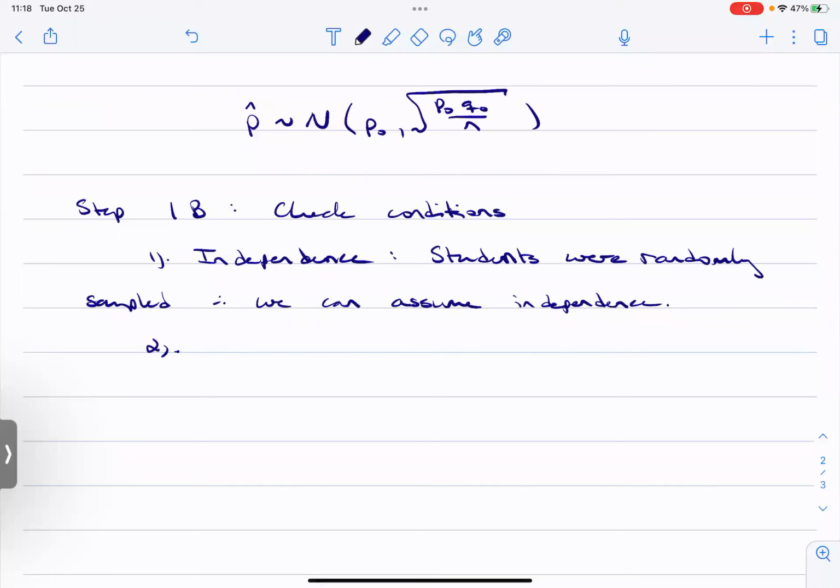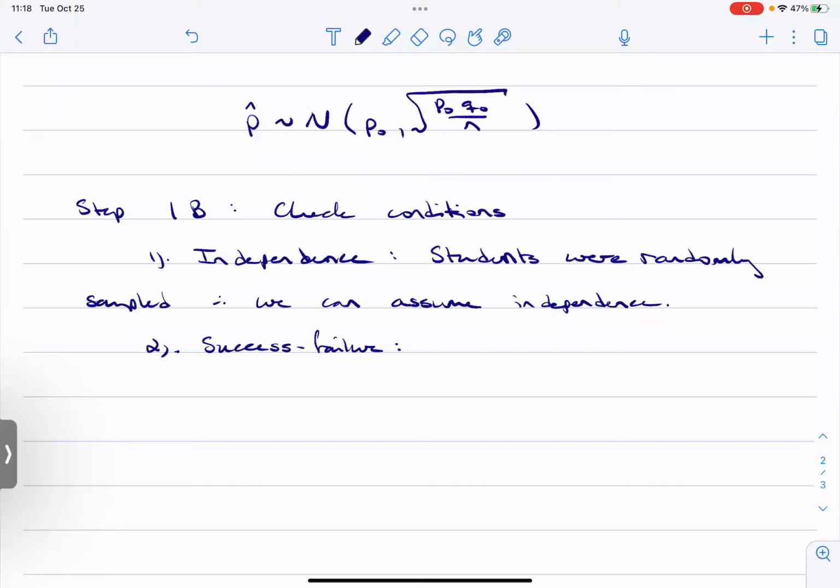Our second condition is the success-failure condition. This is the part that uses p naught to check the conditions instead of p hat. So that's why we need to state our null and alternative hypotheses before we can check the conditions.